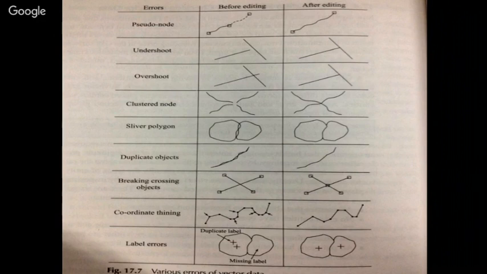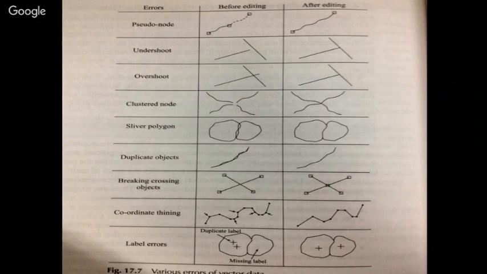Overshoot: sometimes it tends to extend through the boundary, so it is also required to be corrected. Clustered nodes and dangling nodes remain, and after editing they would be corrected.